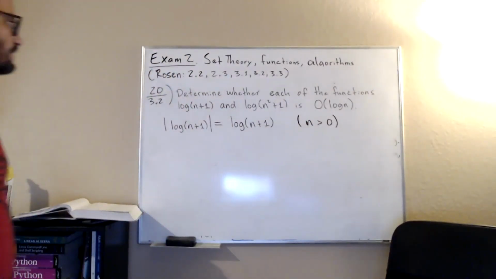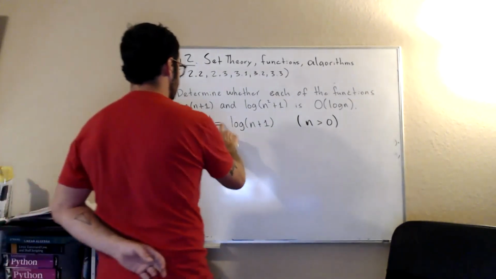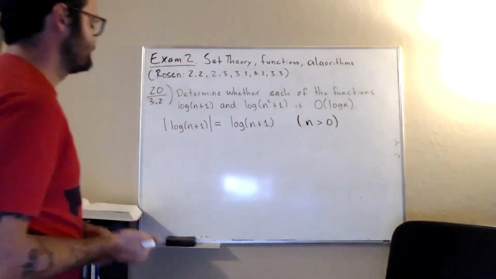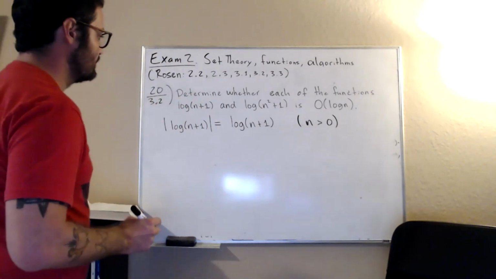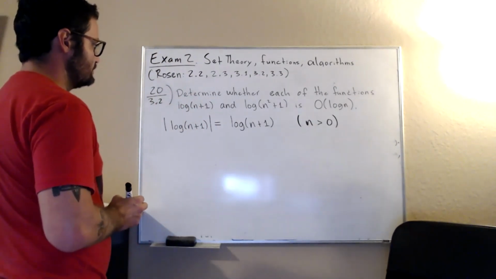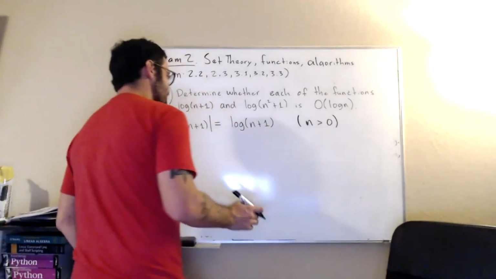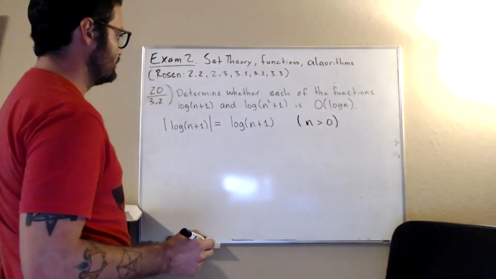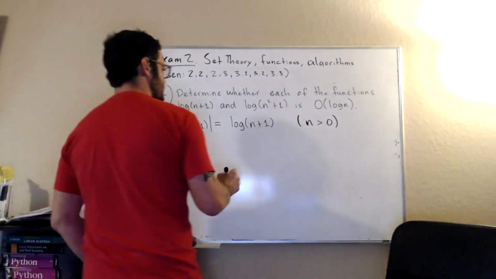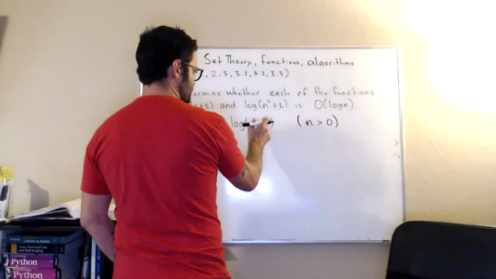Okay, so here, what can I say? I can say maybe something about the inside here. So when n is greater than 1, I can get rid of that 1 right there.